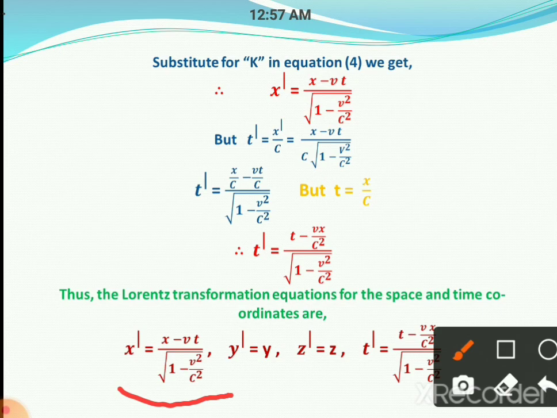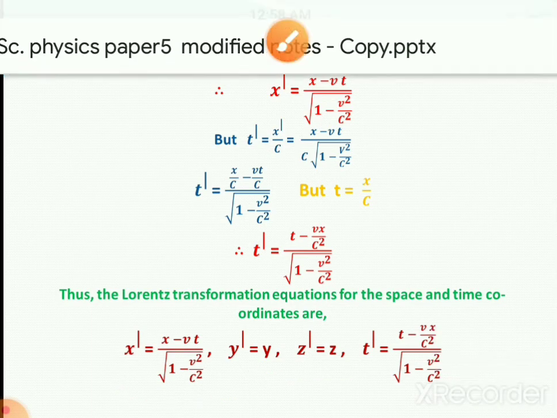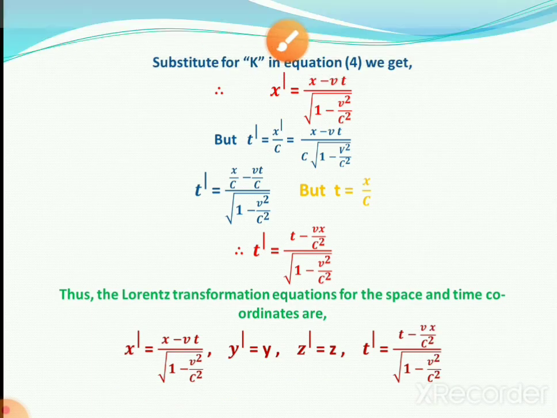Therefore, y is parallel to y dash, z is parallel to z dash. Therefore, y dash is equal to y, z dash is equal to z, and t dash is equal to t minus vx by c square whole divided by square root of 1 minus v square by c square. So, these four equations are called the Lorentz transformation equations.